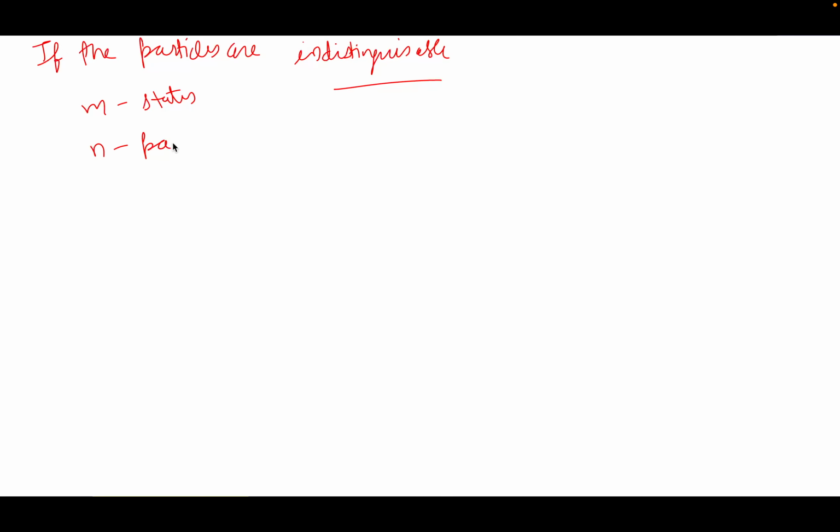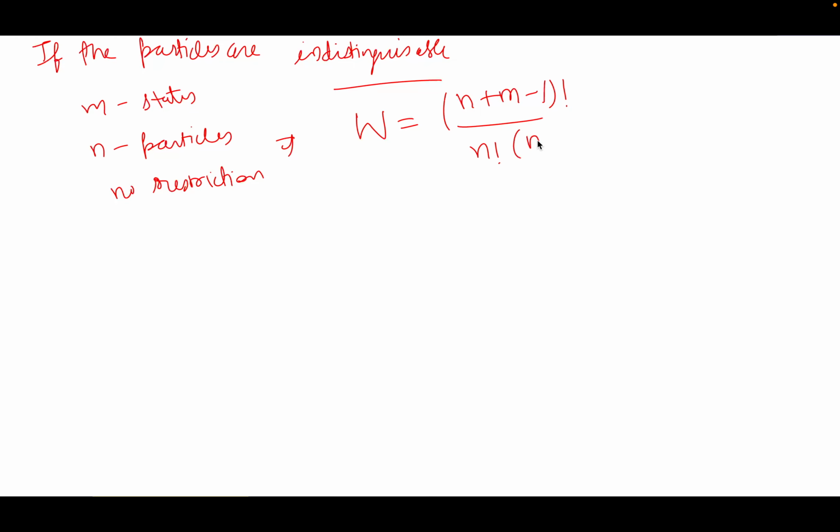Now, if the particles are indistinguishable, and let's say there are again m states and n particles, and let's say there is no restriction, then the number of microstates is (n plus m minus 1) factorial divided by n factorial times (m minus 1) factorial.